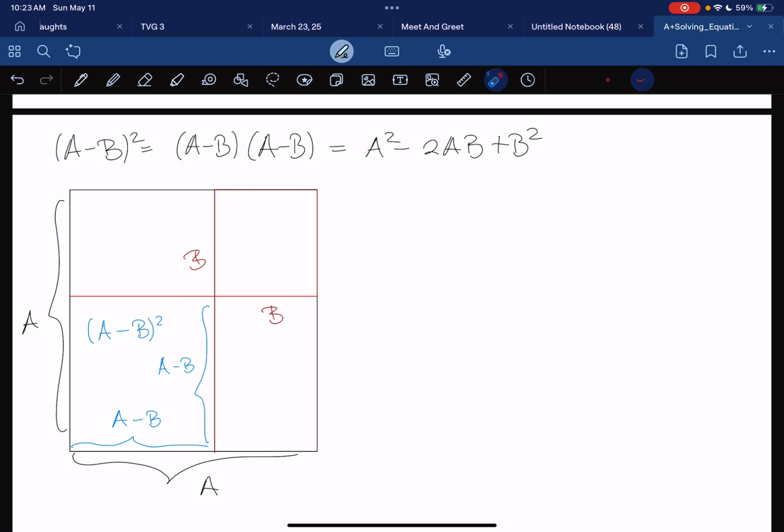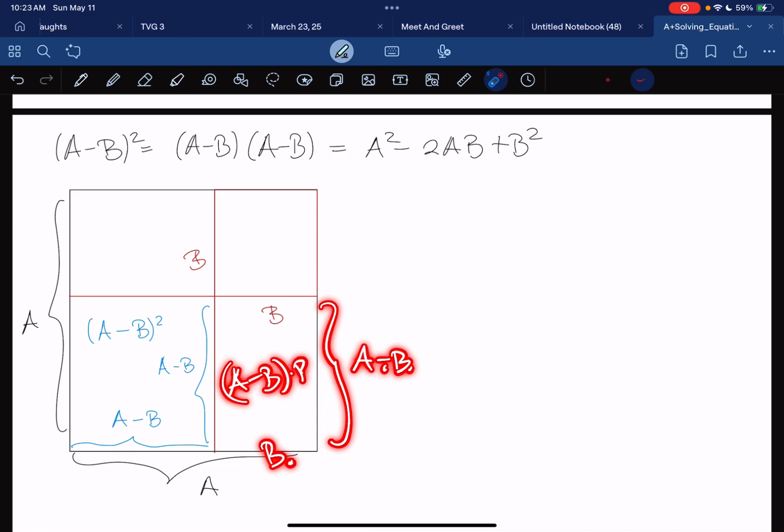And you can go about it many different ways, right? You can subtract this b squared term here, subtract maybe this side and this side. But this height here is a minus b, the base here is b. You could subtract by this area, which is a minus b times b.